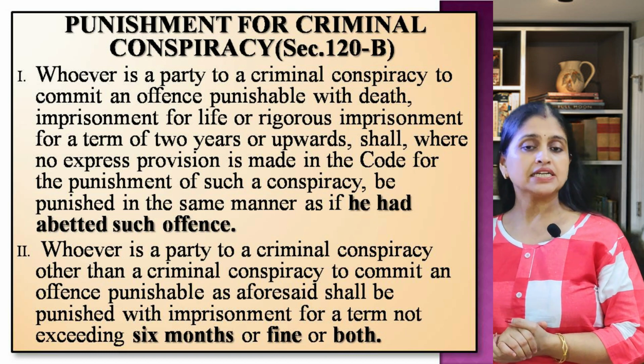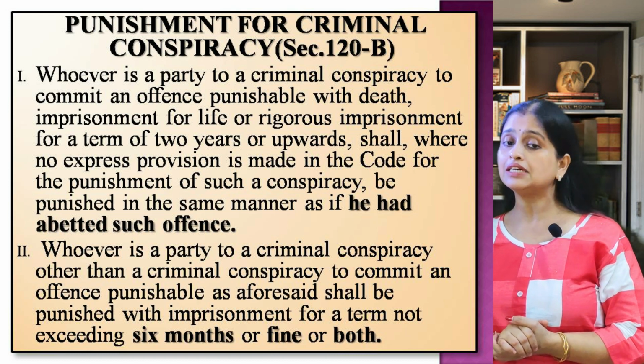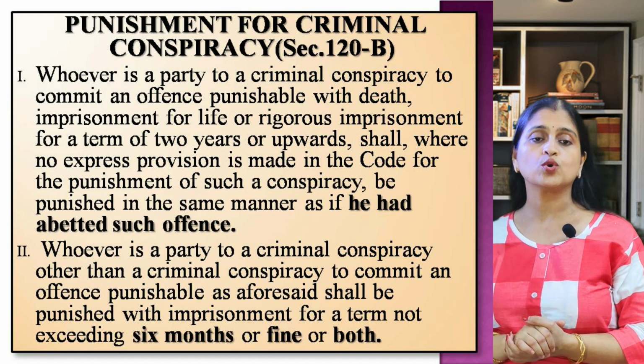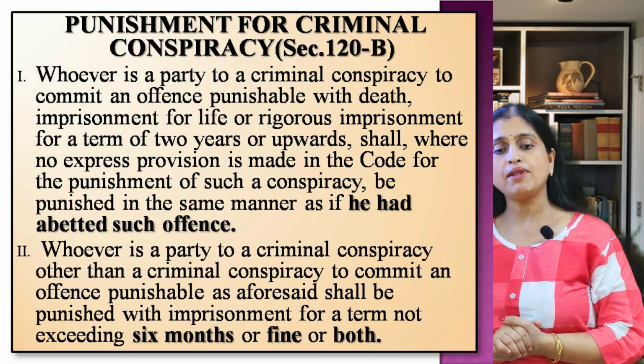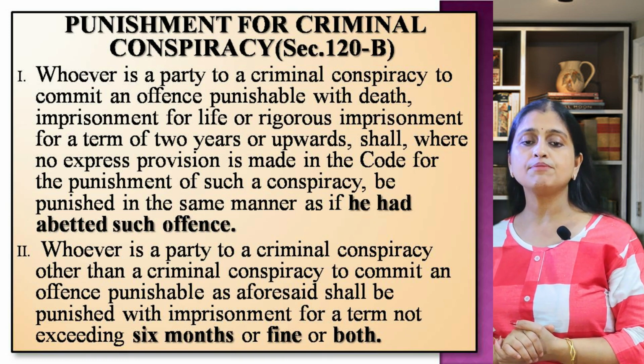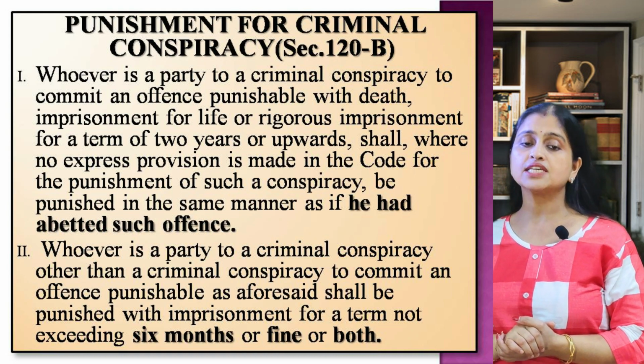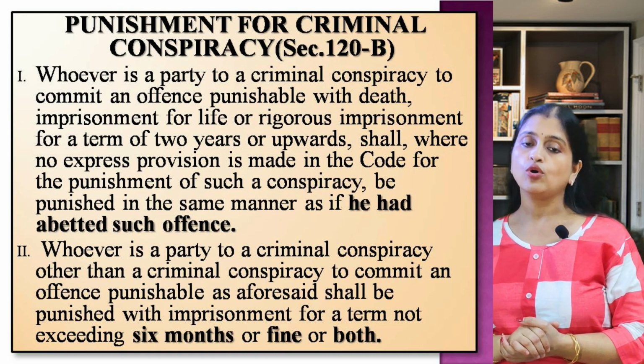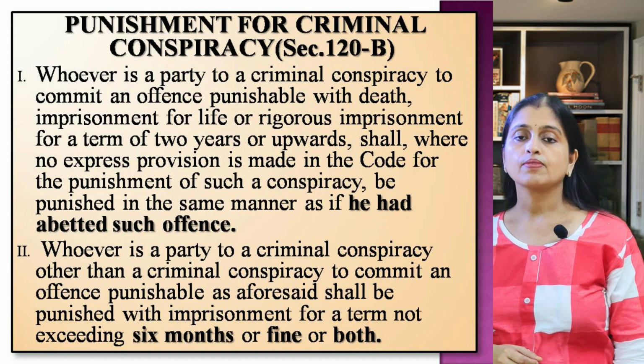And whoever is a party to a criminal conspiracy other than a criminal conspiracy to commit an offence punishable as aforesaid shall be punished with imprisonment for a term not exceeding 6 months or fine or both.